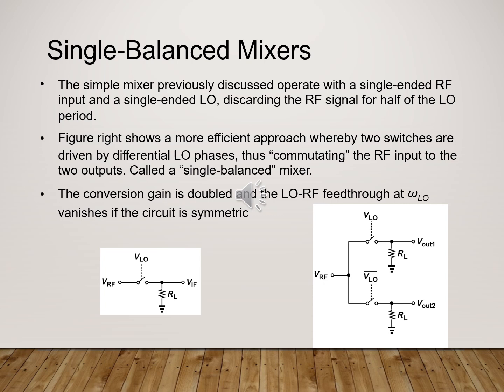Now, single balanced mixers provide isolation between local and RF inputs to solve the issues faced by the single device mixer type. The simple mixer previously discussed operates with a single-ended RF input and a single-ended local oscillator, discarding the RF signal for half of the local period.